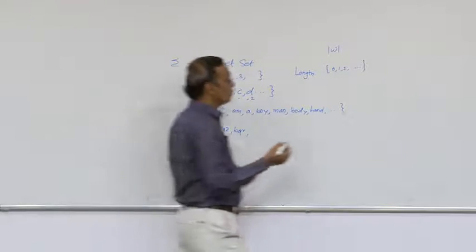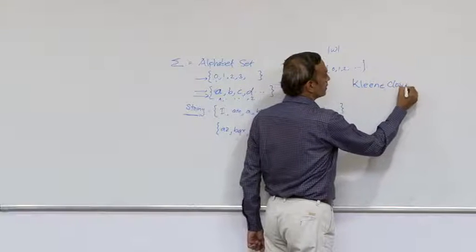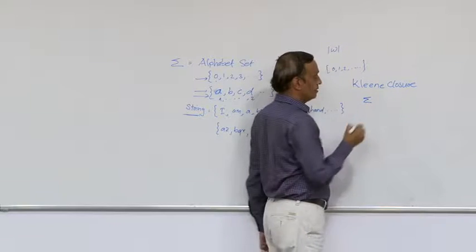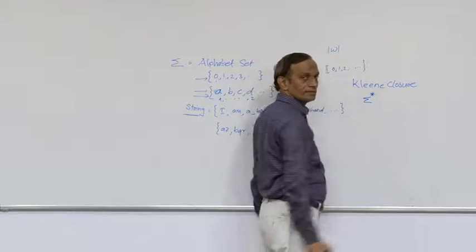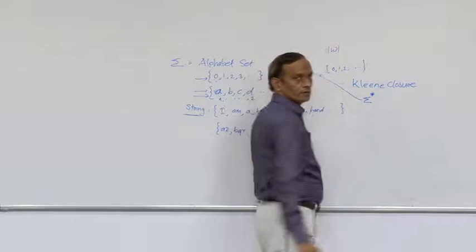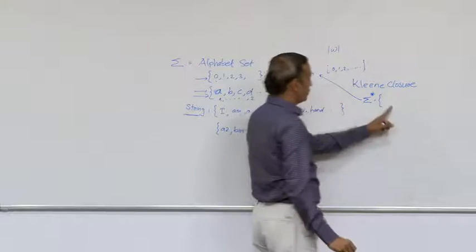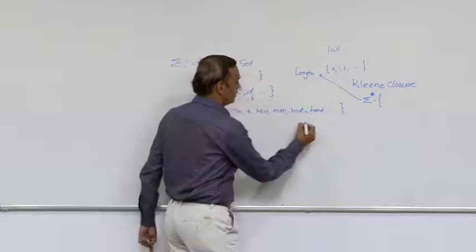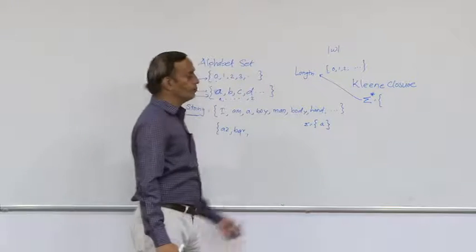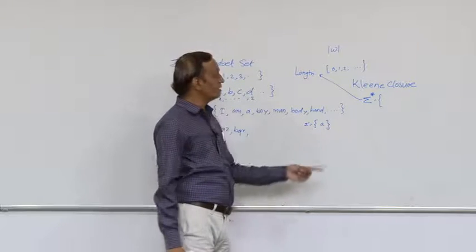Now how exactly are we going to work with this? For that purpose, we will define an operation called Kleene closure. If my input set is sigma, then I am going to represent that set by sigma star. This will work with the length operation. So we are going to write the set with respect to sigma. Say for example, if my sigma set contains only A, only one single symbol, then what could be the possible strings that I can generate with varying length?